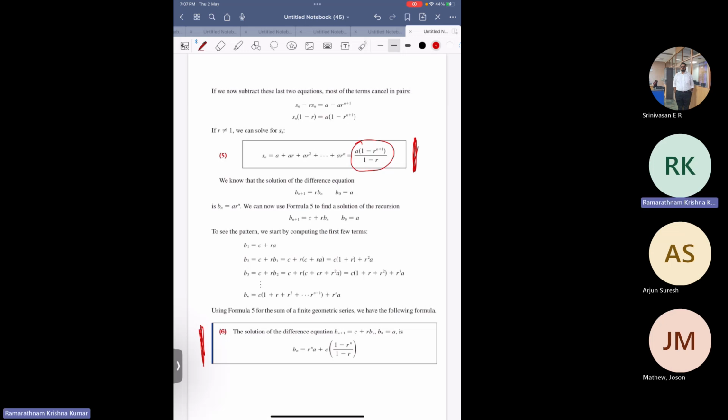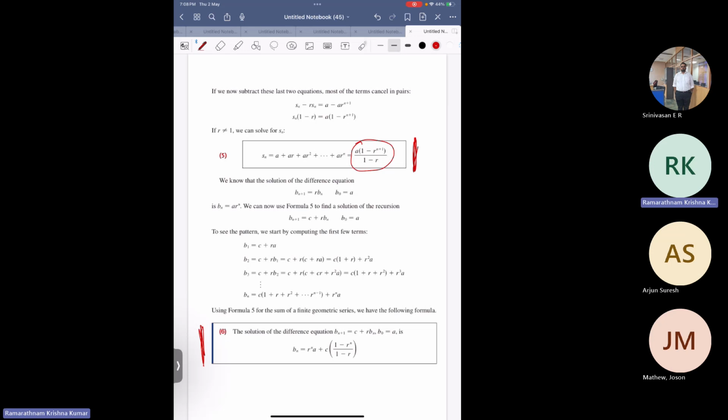Okay. That's the first thing. A plus AR plus AR squared, up to AR power n, is equal to A into 1 minus R power n plus 1, divided by 1 minus R. Is that clear?